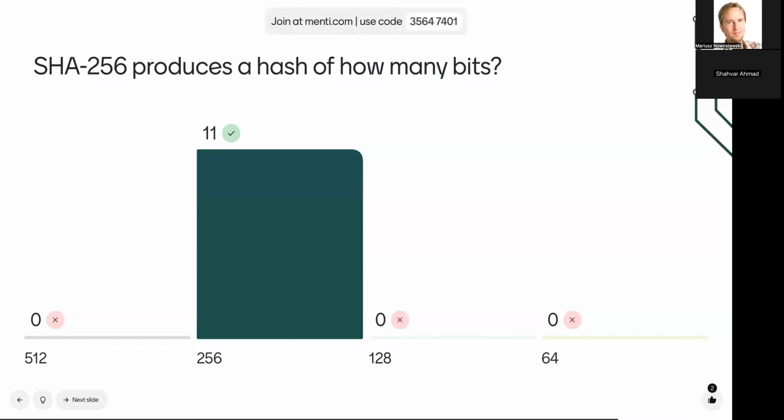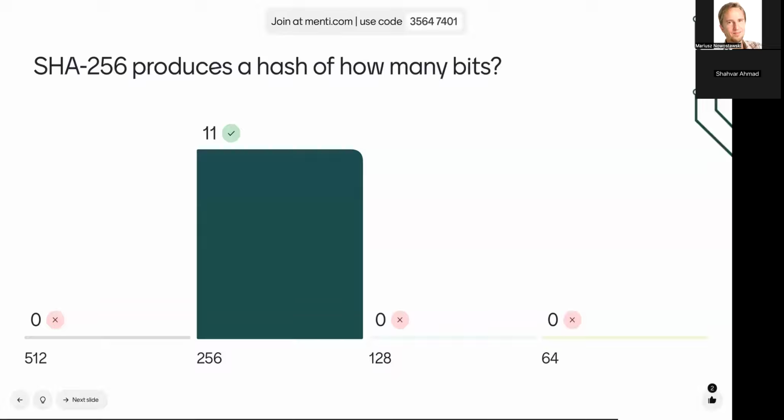And you cannot recover that document from this, obviously, right? The property is that you should not be able to find what this document is just from the hash. You can go from the document to the hash, but not from the hash to the document. To go from the hash to the document, you would have to find a different document which, when hashed, produces exactly the same hash. And this is called hash collision, right?